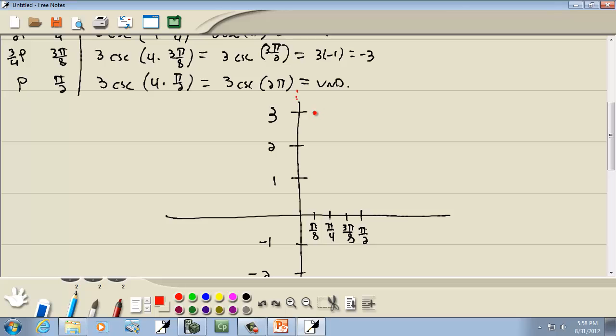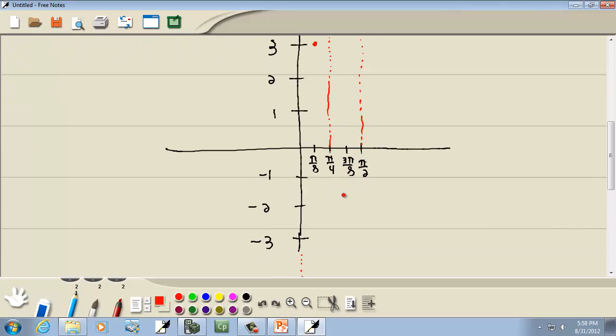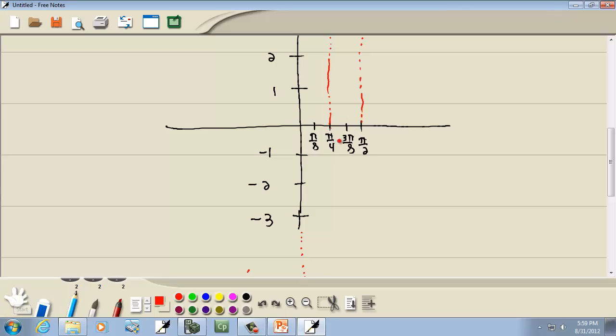So pi over 8 and 3 would be right here. Next one should be an asymptote. It's undefined. And actually this one over here will be an asymptote too. It's undefined. And there we go. And then this one is going down like that. And then 3 pi over 8 was negative 3.